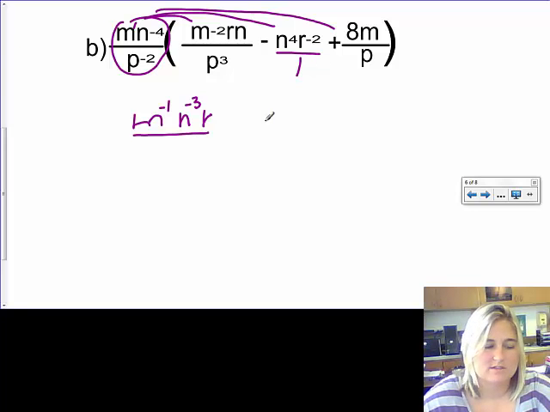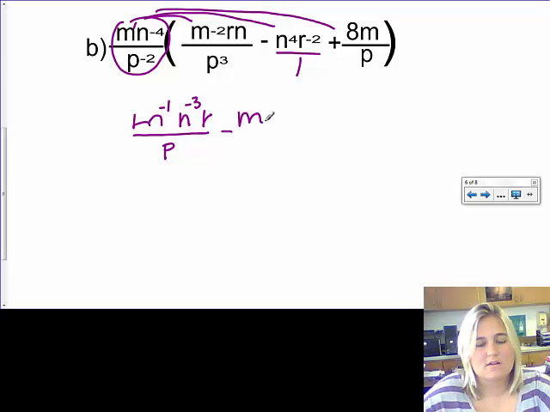Negative 2 plus 3 gives me 1, so it's just going to be p to the 1st minus m, there's no like base here, n to the negative 4th times n to the 4th. Negative 4 plus 4 gives me n to the 0, and anything raised to the power of 0 is equal, this should be equal sign, to 1.